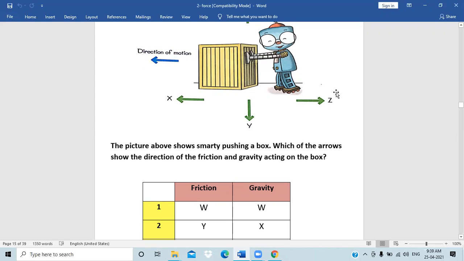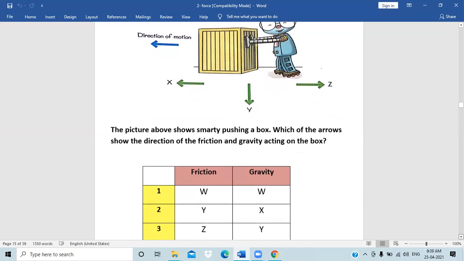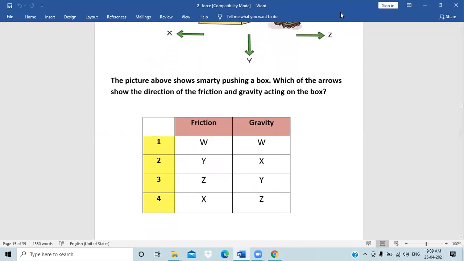So arrow Z will be the friction, while gravity is the force that is pulling us towards the ground, which means it's arrow Y. So the answer is choice number 3. Friction is arrow Z, while gravity is arrow Y. So this is the right answer.